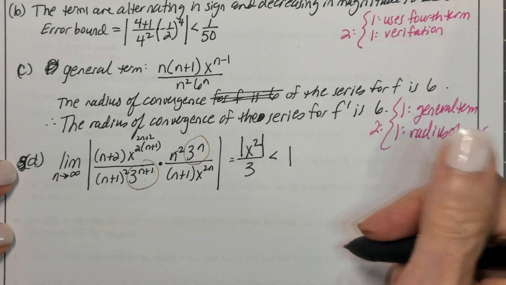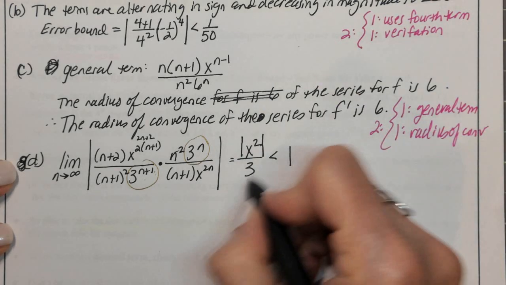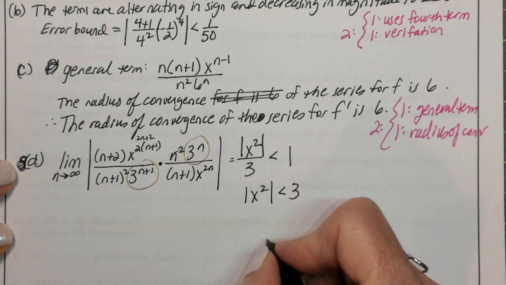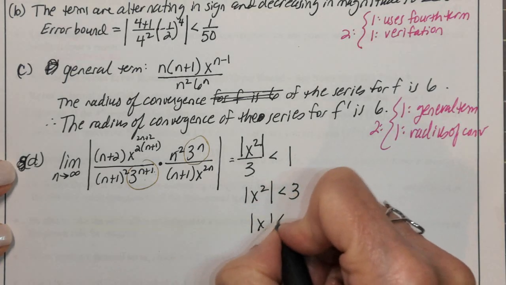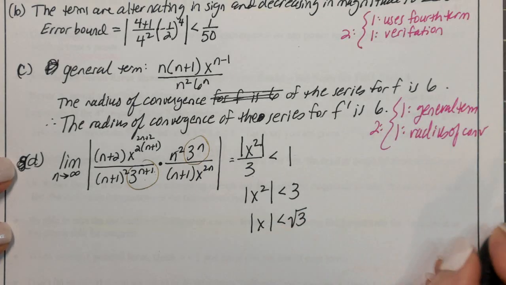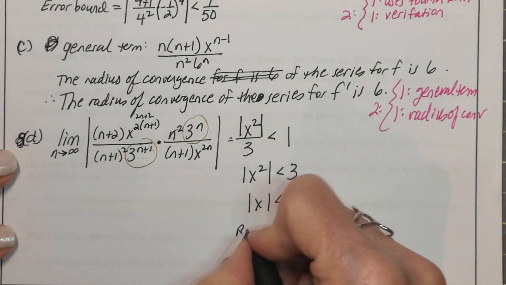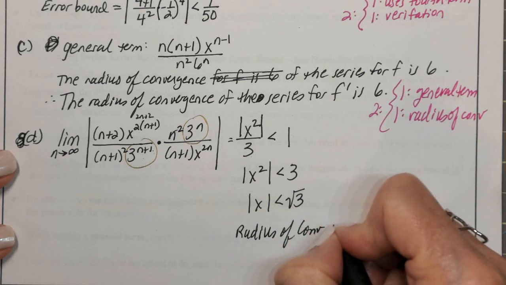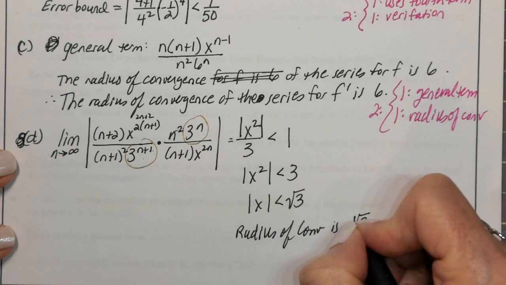It helps me with what's about to come. Multiply both sides by 3. Take the square root of both sides. So the radius of convergence is the square root of 3.